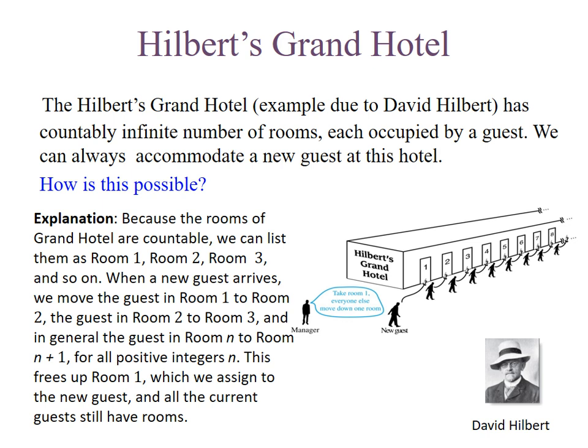Alright, before we jump into the examples, let's see a very interesting problem which is called Hilbert's Grand Hotel. Consider you have a very special hotel. It has an infinite number of rooms: 1, 2, 3, and so on to infinity. Then we can always accommodate a new guest at this hotel, even if it's fully booked.